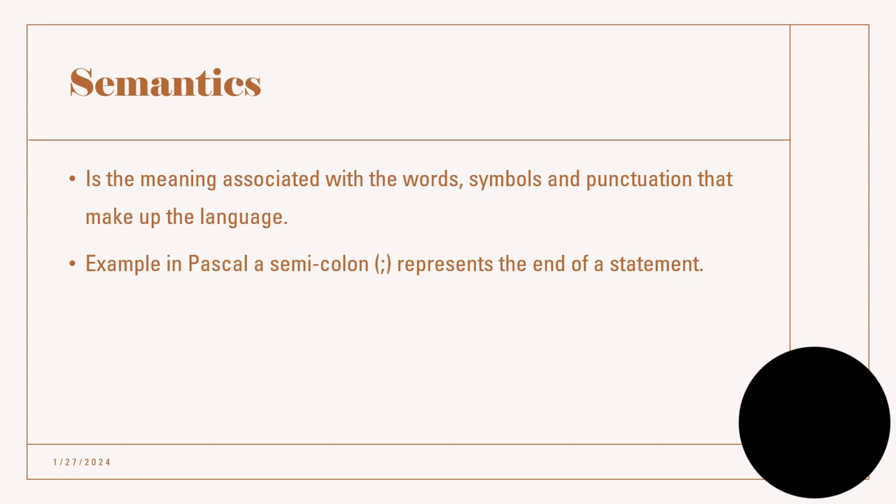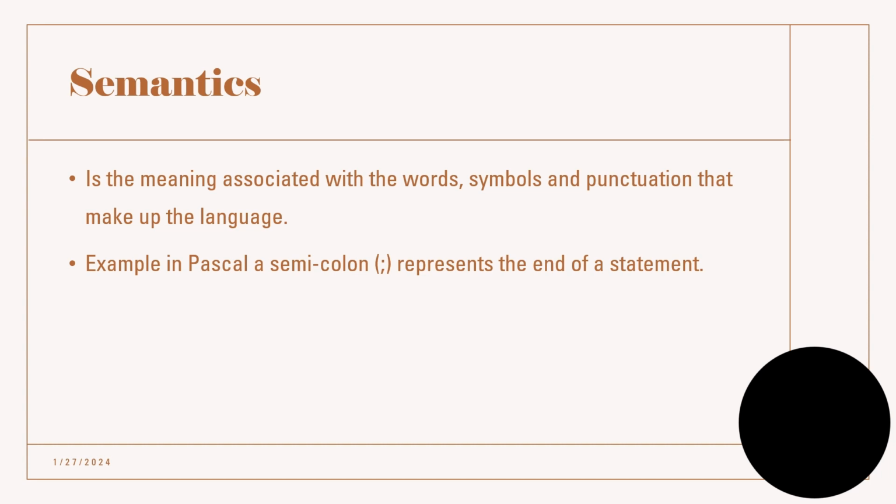So if you write a line of statement and at the end of the last word you use a semicolon, it means that that statement ends. Everything we do has a meaning. Let's stick with Pascal, since Pascal is what we use mostly in CSEC.